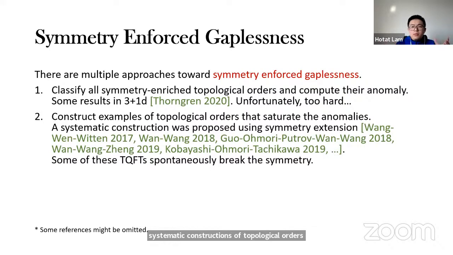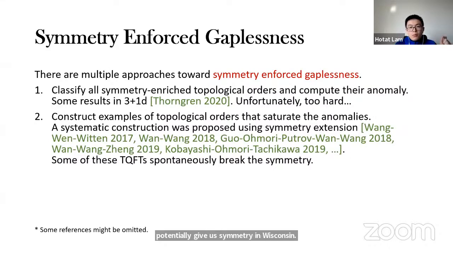The idea behind this is symmetry extensions, and there has been a long list of papers that study this. So this approach is also very useful, even though it doesn't prove symmetry-enforced gaplessness, but it gives us some hint that some anomaly might potentially give us symmetry-enforced gaplessness.